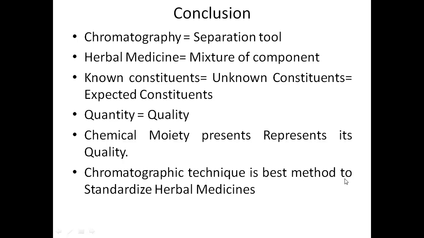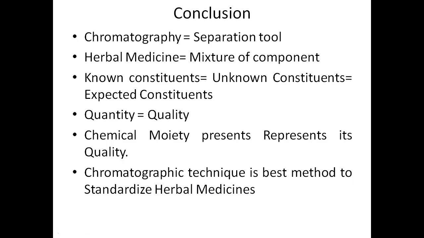The chromatographic technique is the best method to standardize herbal medicine, because here only we can trace out the quantity and quality of the chemical moiety present in a particular herbal mixture or herbal extract, right?